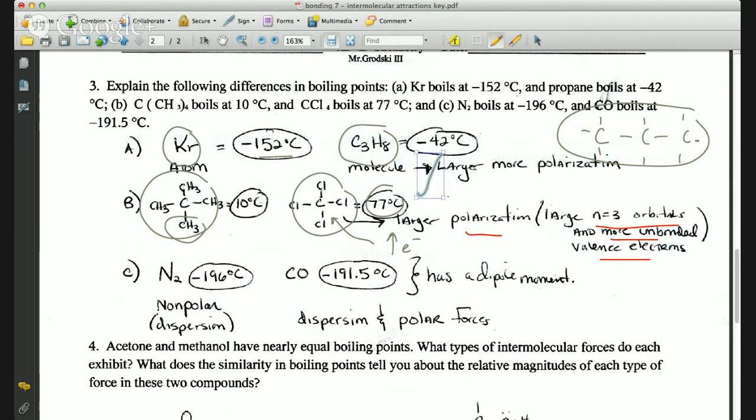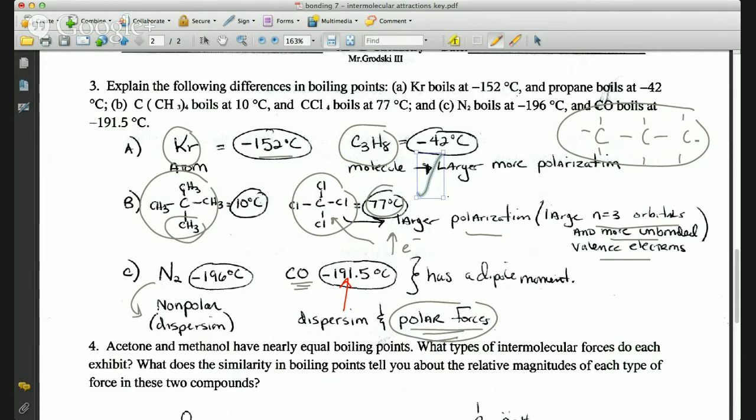Okay, so I like the more electrons better than this. All right, and N2, liquid nitrogen, is -196, and carbon monoxide is -191. All right, well, we definitely have London dispersion forces occurring here, but this is a polar molecule. So it's got London dispersion forces and it's got dipolar forces, and you can use the word polar forces. Okay. So this has an extra attractive force, which makes its, don't get crazy with the negative numbers, makes it a warmer temperature, a higher temperature.